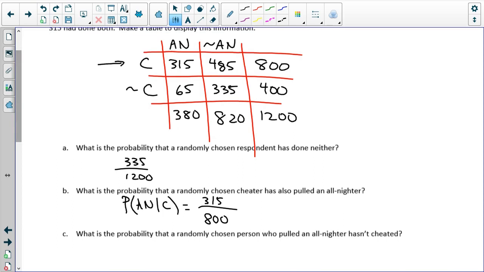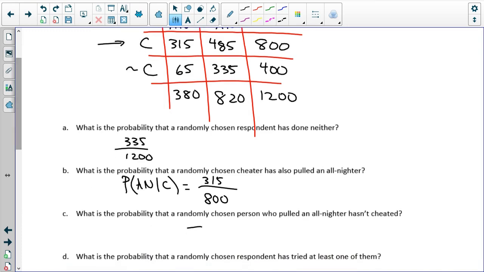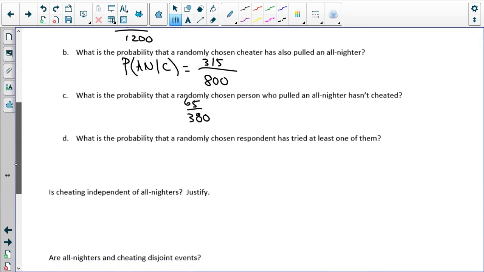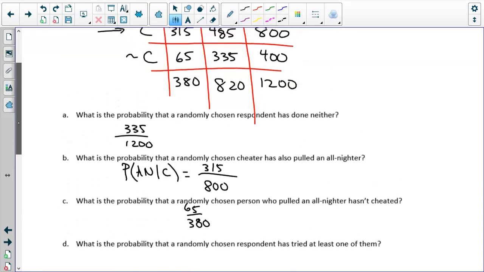What's the probability that a randomly chosen person who pulled an all-nighter hasn't cheated? So I'm only looking at the all-nighter column. So that's 380 in the denominator. And they haven't cheated, that would be 65 in the numerator. What's the probability that a randomly chosen respondent has tried at least one of them?